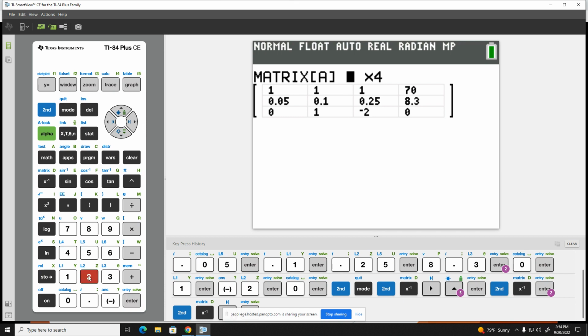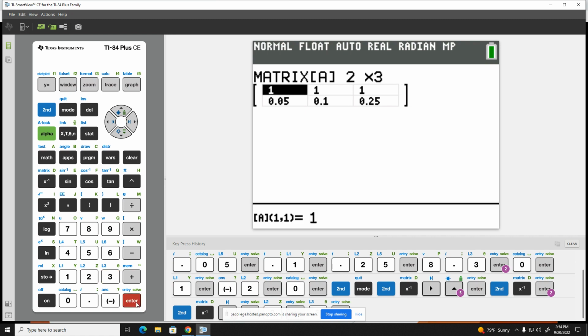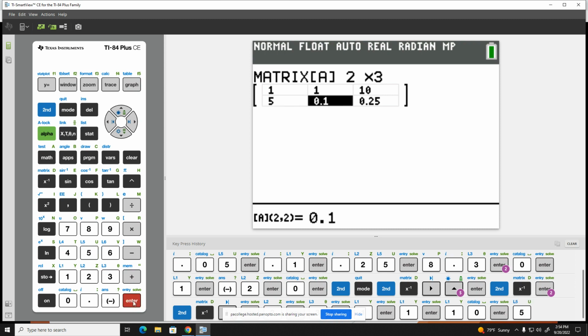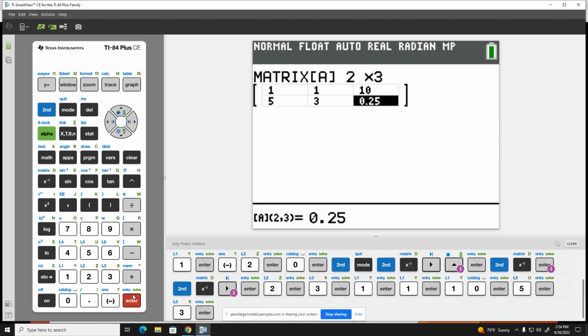This matrix is 2 equations, 3 entries per equation, so that reduces the size. My first equation has coefficients of 1, 1, and 10. My second equation had coefficients of 5, 3, and 44.